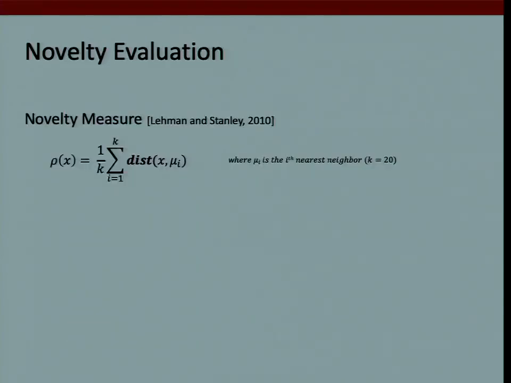Secondly, we measure the novelty of the generated levels, which was adopted from Lehman and Stanley's novelty search work. And this novelty rho for level x is given by this equation, where mu_i is the ith nearest neighbor drawn from the original data set with respect to the distance heuristic.